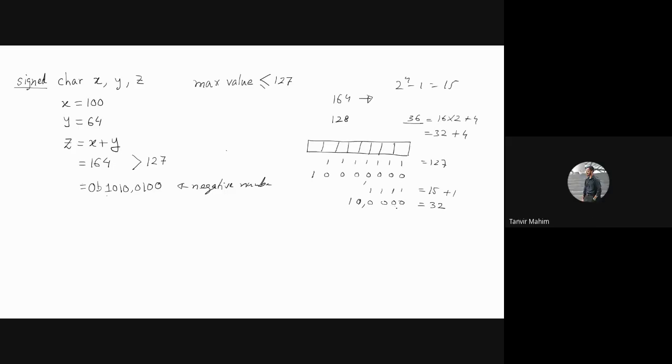Yes, sir. I put 1 here for 128. Then I have to put 2, so I put 0 and then 1, 0. So that is 2. And then I am left with 4, so 4 is 1, 0, 0. Yes sir, I understand.